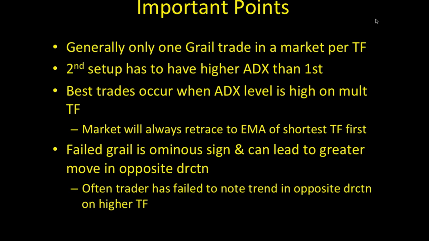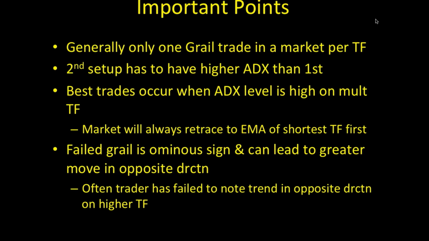The best trades are going to occur when the ADX is high on multiple time frames, and obviously it's always going to retrace to the shortest time frame EMA first. And a failed Grail is an ominous sign, which often means that there's going to be a much greater move in the opposite direction.